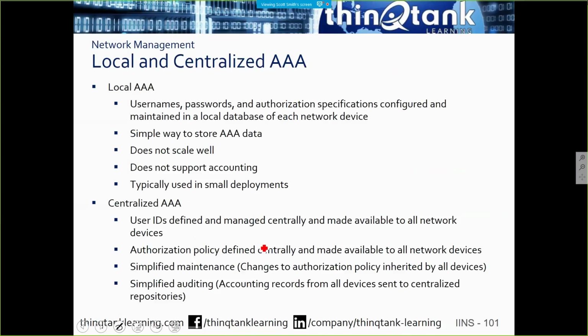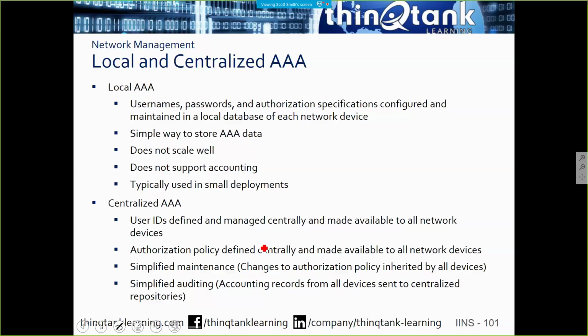All right. Now, there are two ways to implement AAA in the network. We can do what we call local AAA, where everything is self-contained in the platform itself. Typically local AAA is used when you're trying to do character mode authorization. You actually configured that to an extent in the CCNA class.